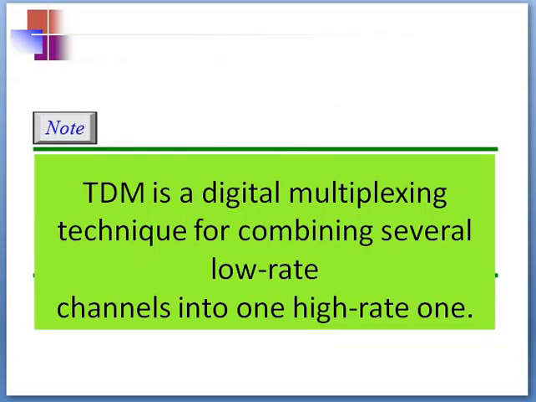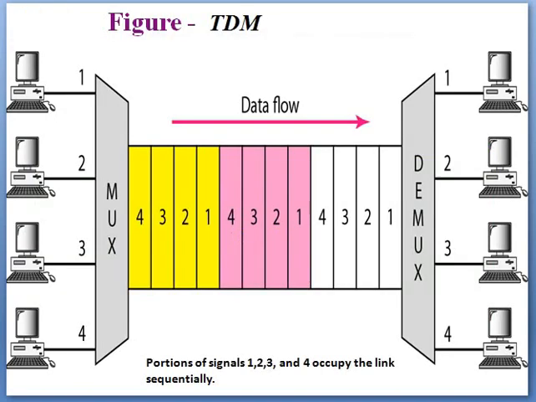Time division multiplexing is a digital type of multiplexing technique for combining several low data rate channels into one high data rate channel. As we have seen in the diagram, this is the conceptual view of time division multiplexing.